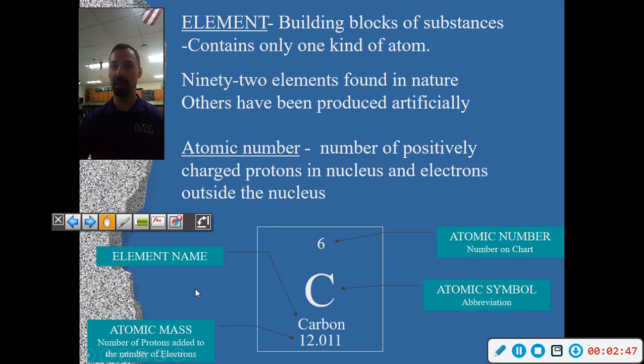The atomic mass is another important characteristic of an element, and that's the number of protons added to the number of neutrons, plus a little bit for electrons, because electrons weigh so little.